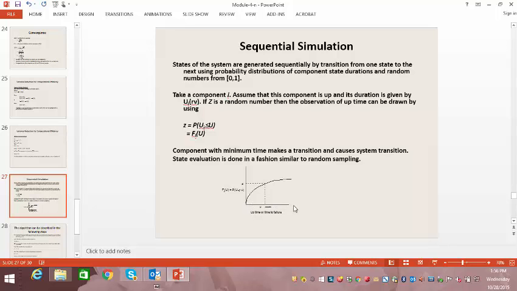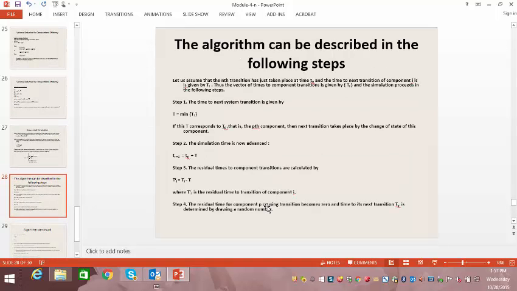For example, this could be the uptime or the time to failure. So let us say this is a probability distribution of the time to failure or the uptime. You draw a random number, put it over here, and read the value here. This gives you a time to failure of the component. And similarly, you can find the time to repair or time to anything that you want to find out if you know the probability distribution.